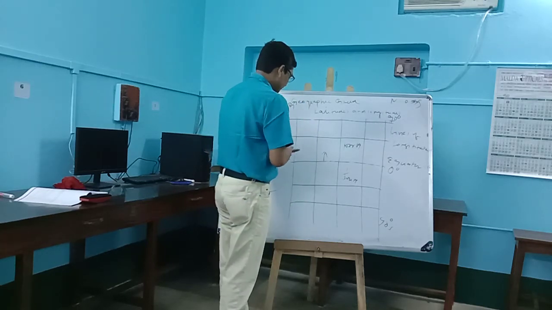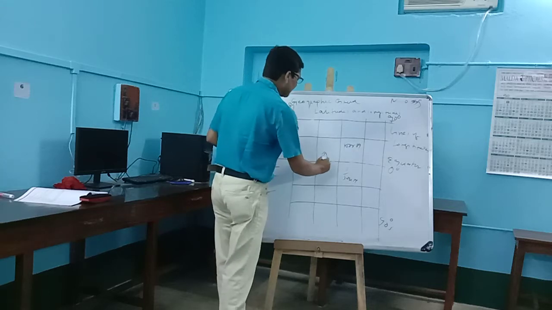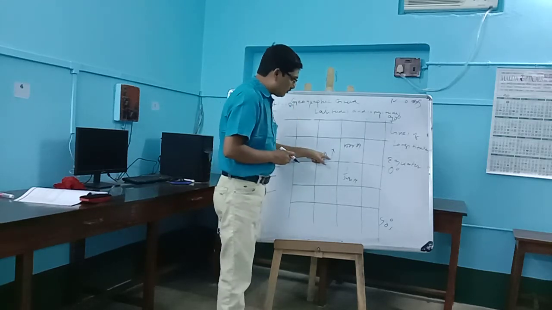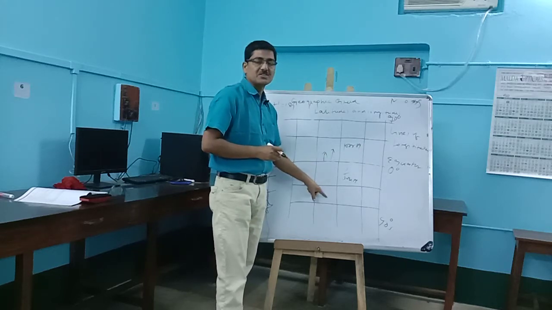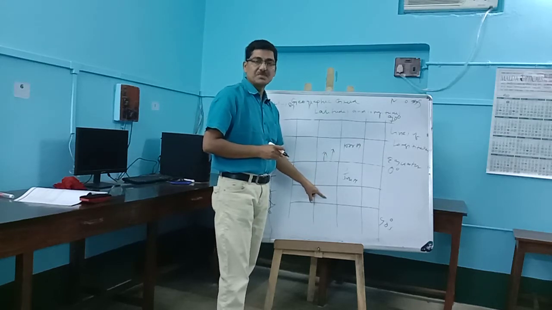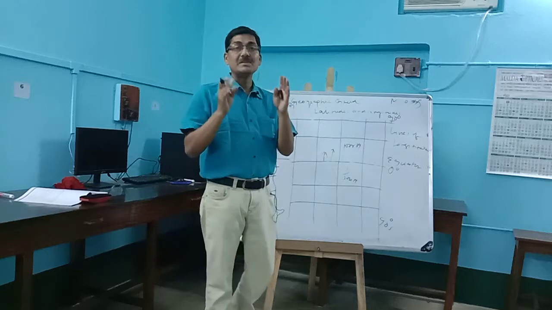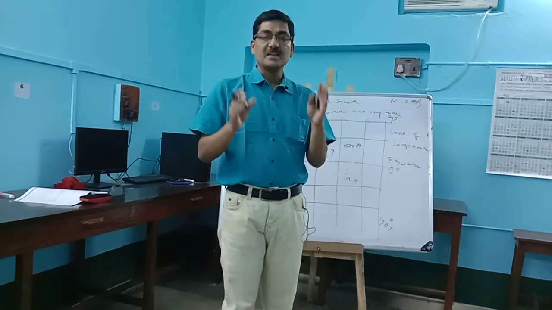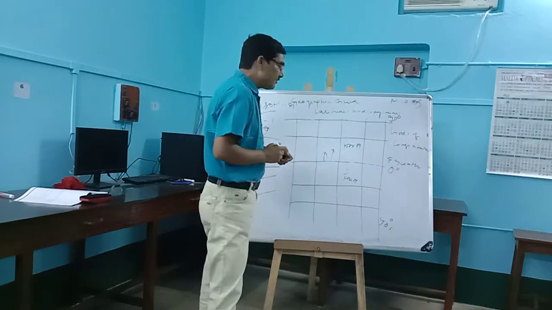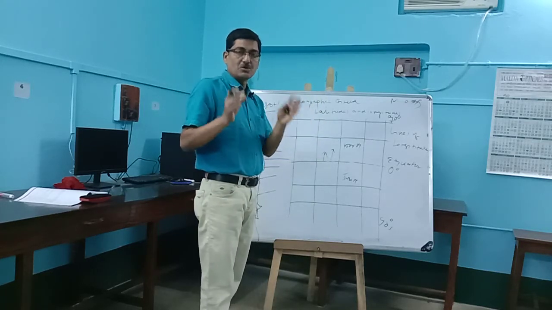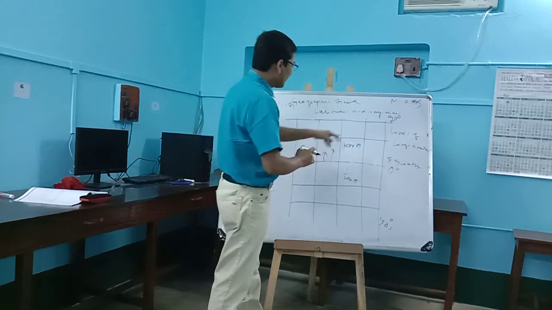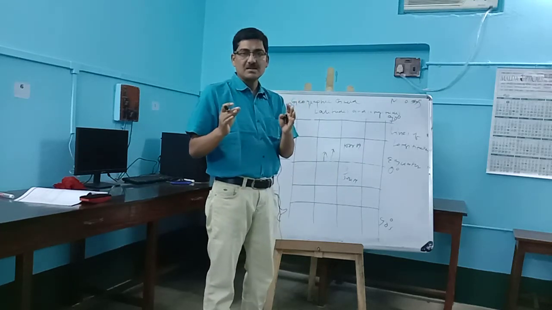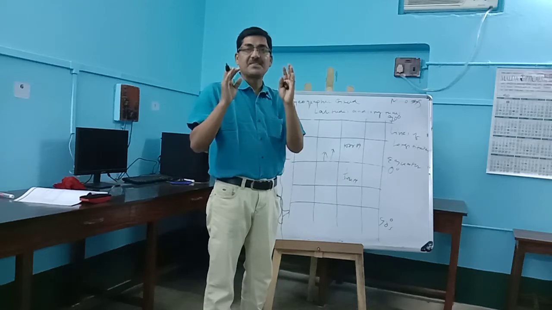The northern part is known as the northern hemisphere. From the equator, the southern part is known as the southern hemisphere. So the equator is one of the important reference lines. If you want to find the location of any place, either to the north or the south, the equator is marked as the reference line.